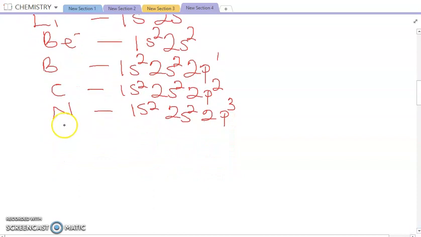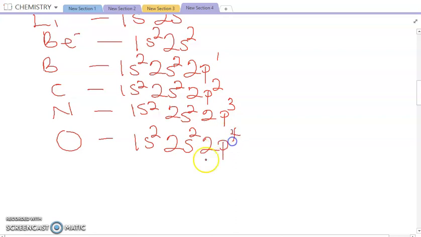Then for oxygen, we have 1s2, 2s2, 2p4. Then we have for fluorine, 1s2, 2s2, 2p5.